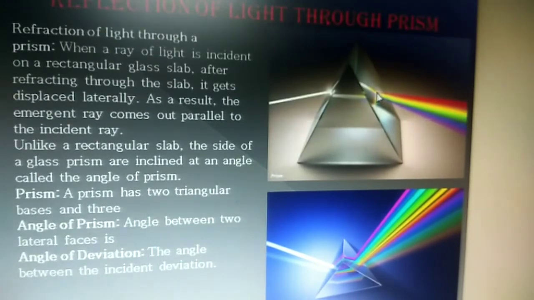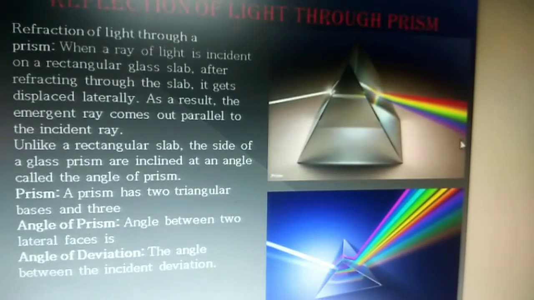When you compare, red light will have more speed, whereas violet will have the least speed because of different wavelengths. Red light's speed is more because its wavelength is more, whereas violet light's speed is less because its wavelength is less. This is the main cause for the dispersion of light through a glass prism.